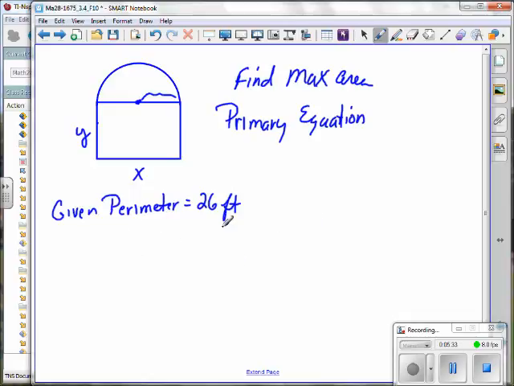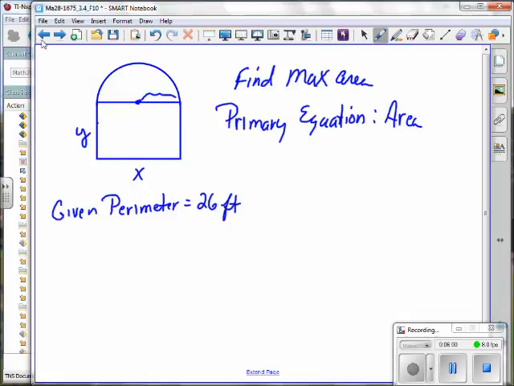If you're going to buy lumber, you're probably going to have a big window in this house. Okay, so we're given the perimeter is 26 feet. But what is the primary equation? The perimeter equation? Area. Yeah, absolutely. That's what you're trying to locate. So the primary equation is going to be the area equation for us.